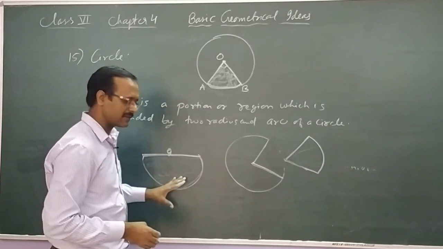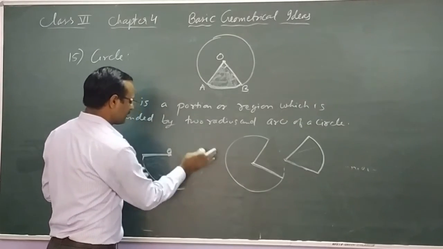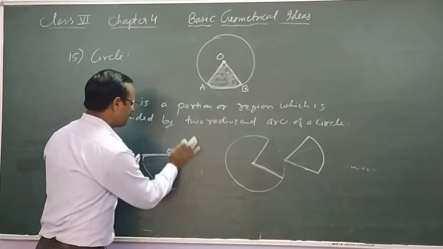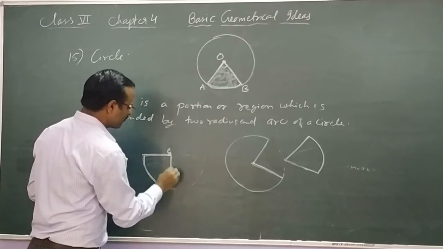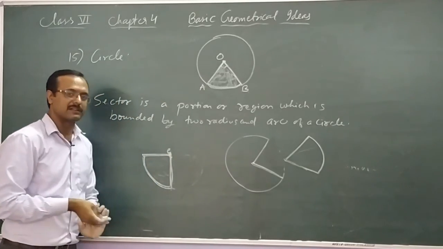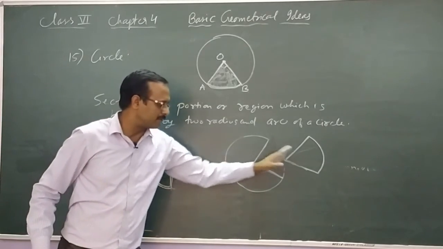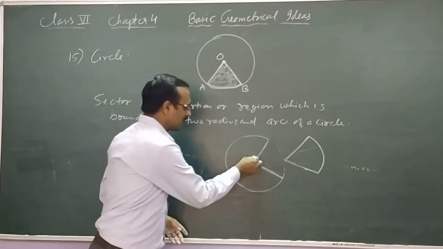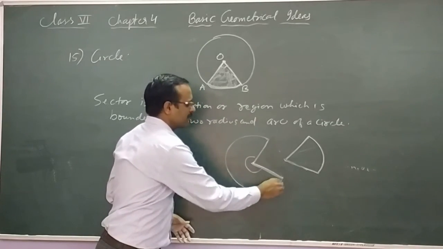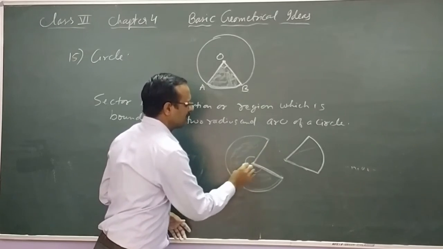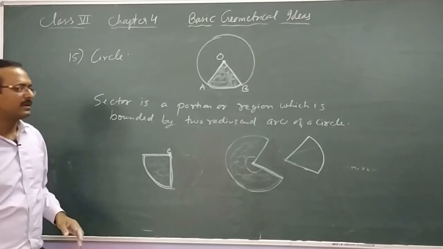And if you again fold it from here, it will become like this, and this will be called a quadrant of a circle, 1/4 of the circle. Okay, so all such types of shapes are sectors. This one is also a sector because there are two radius and it is bounded by an arc. So these are all examples of sectors.